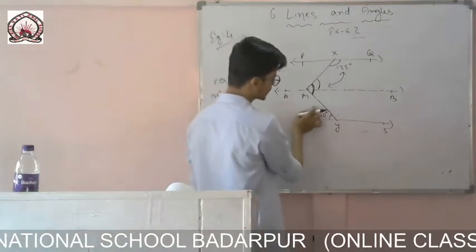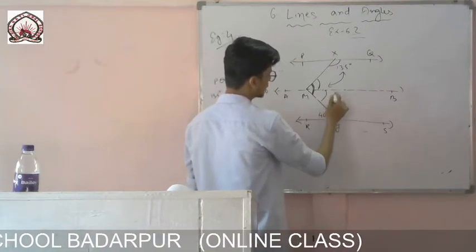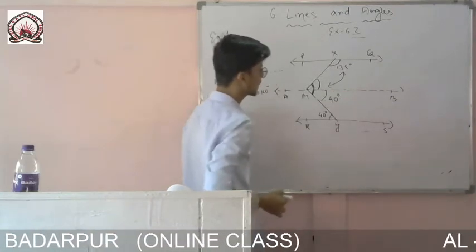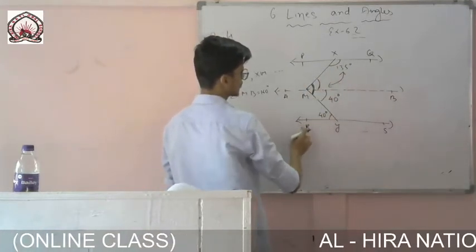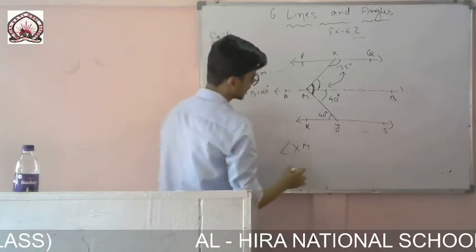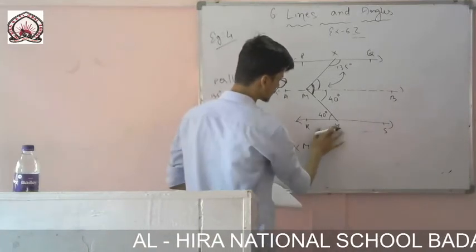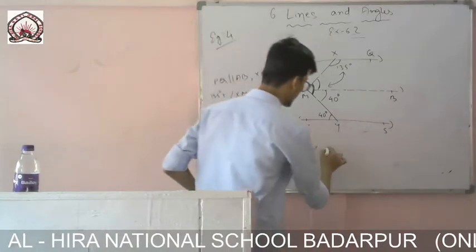When I go for this part, I will write it directly. This angle and that angle are alternate angles. First of all, I will find this angle. I need to find XMY. How can I find XMY?